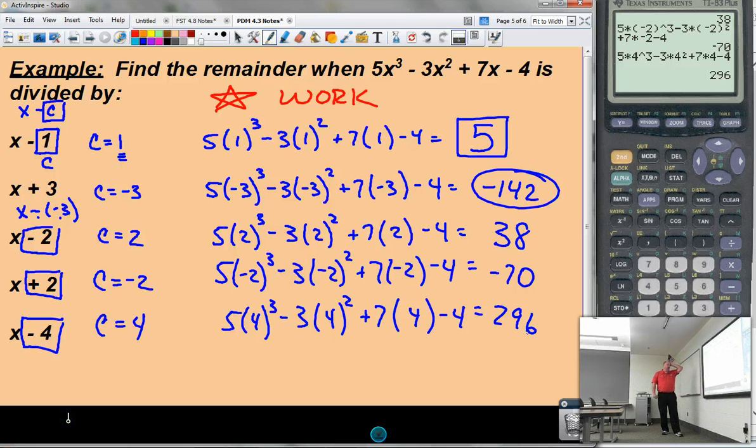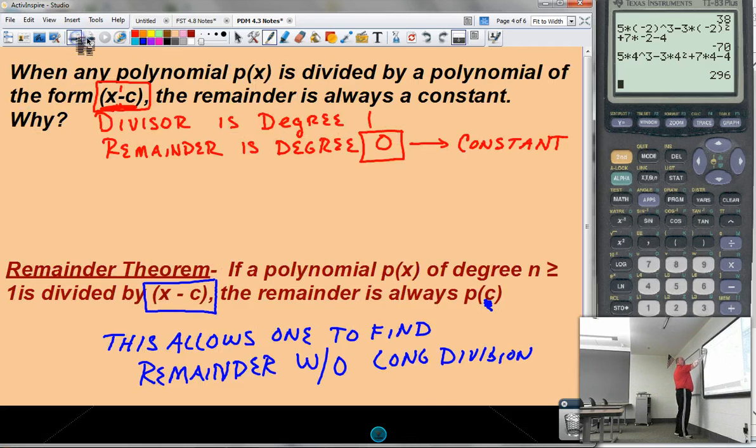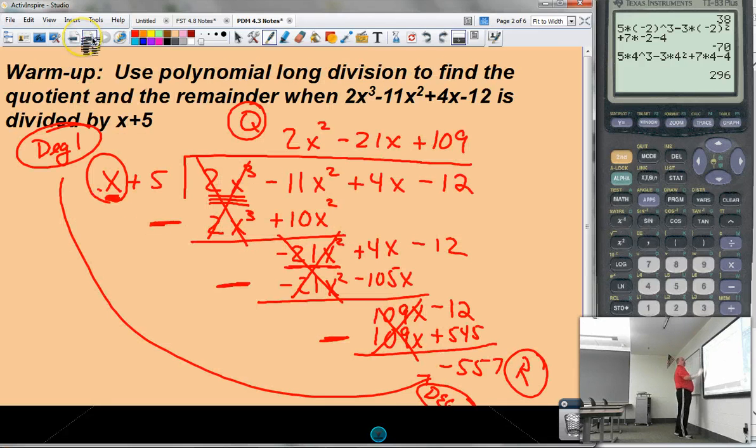Now I'm going to go back to the original problem. Remember the first problem we did? Going backwards to here, we ended up with a remainder of negative 557.